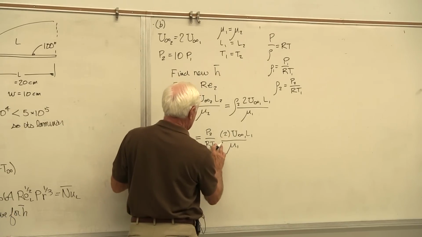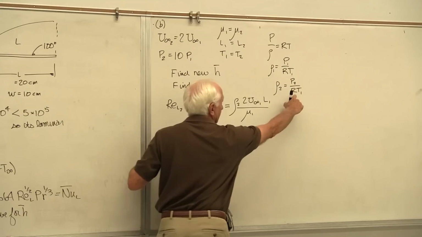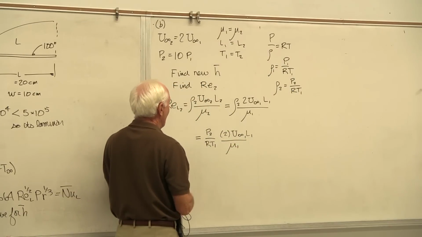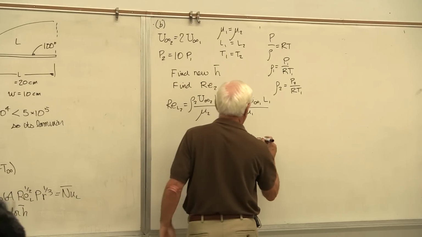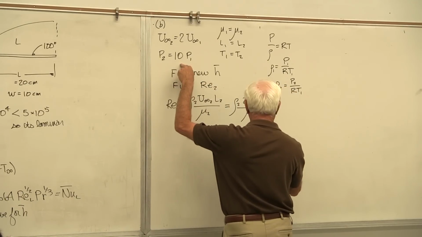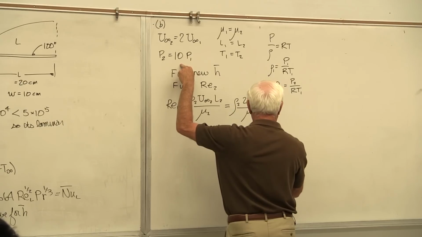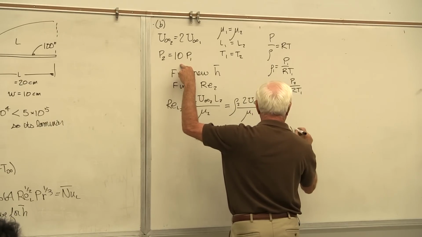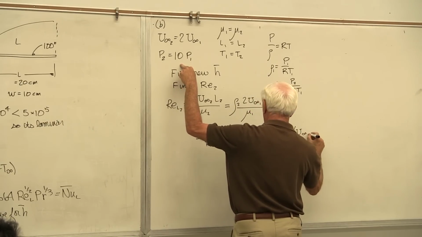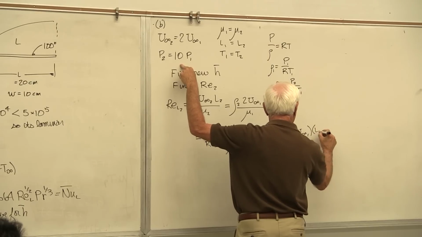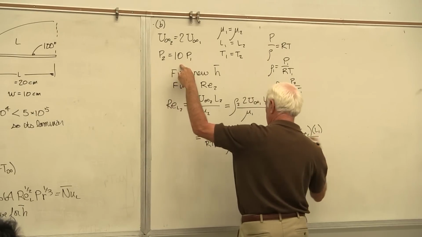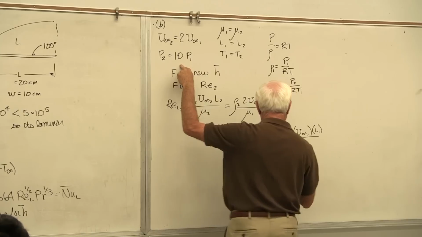That's a T1, okay. And what is P2? P2 right up here, 10 times P1, divided by mu 1.